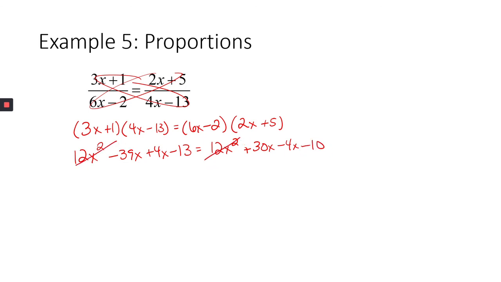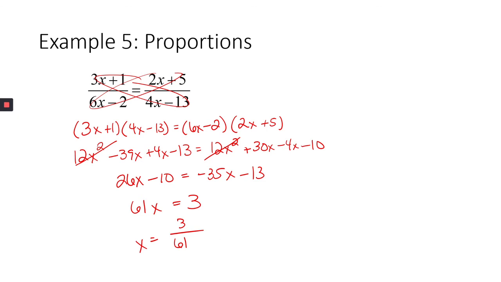I'm going to go ahead and cross those off because they would subtract out to 0. I'm going to combine my like terms. Get all the variables on one side, get the constant on the other side, and we get kind of a weird fraction on this one. So negative 3 over 61 is our answer.